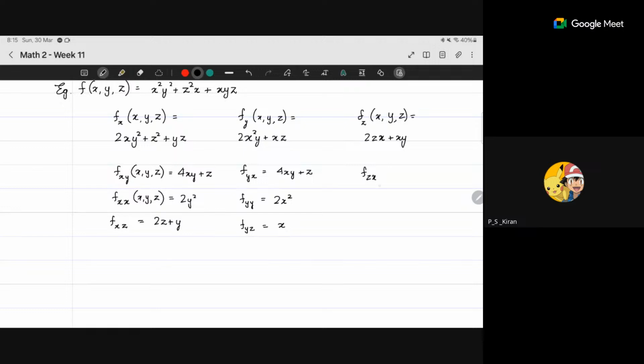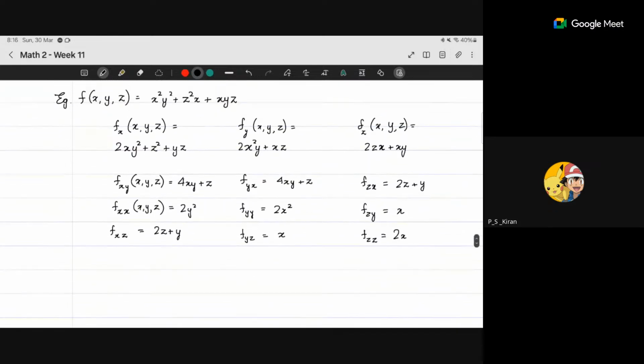And f_zx, f_zy, f_zz. What are these things? You'll have 2z plus y, x, and 2x. Right? You understand these computations, right? It's just successive partial differentiation.